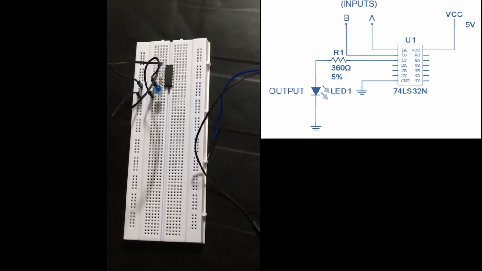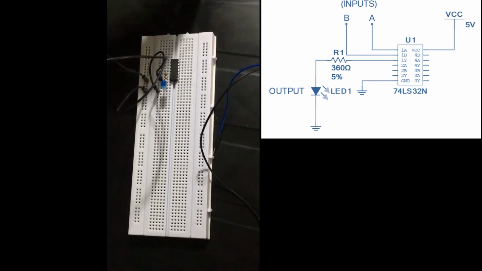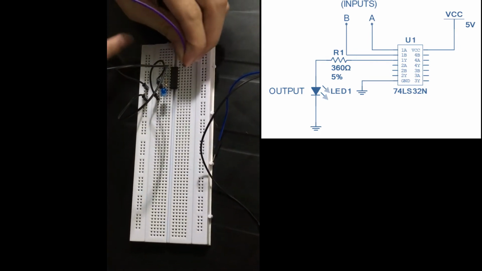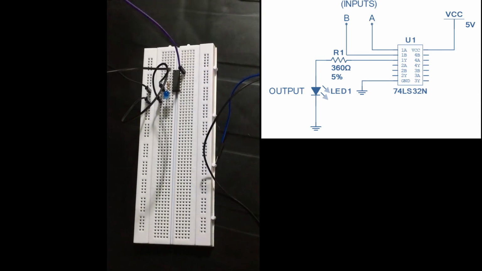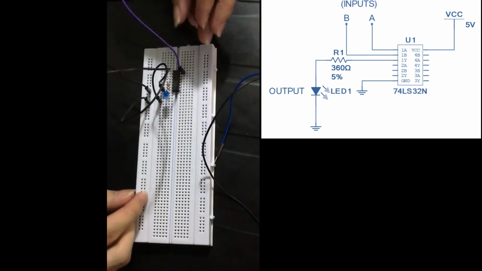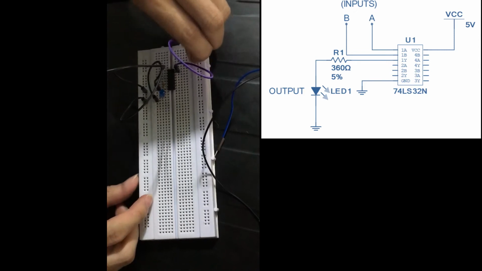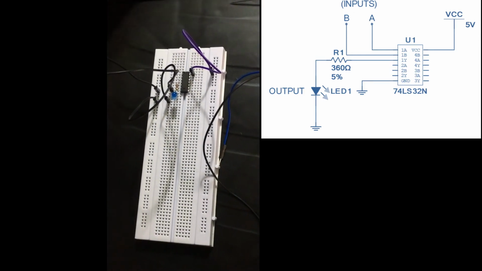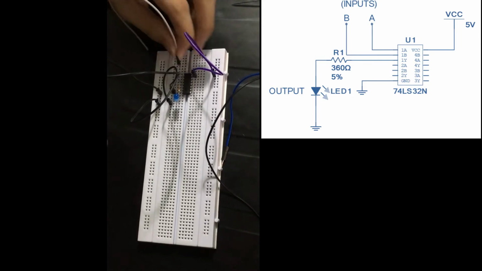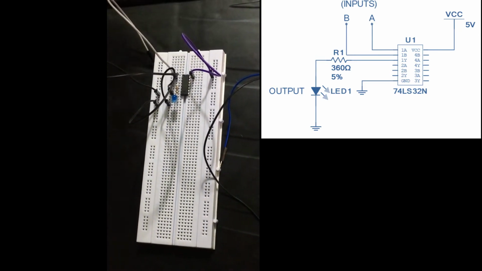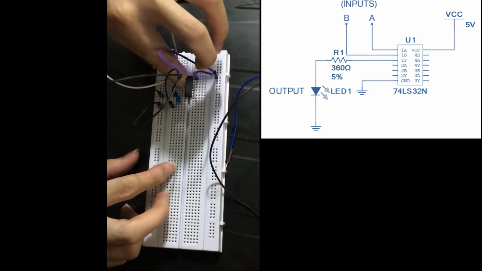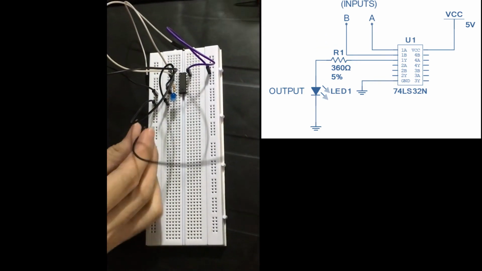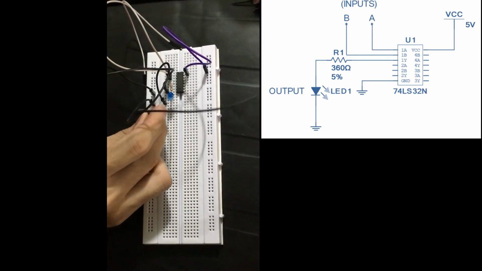The VCC is connected to the power supply and the inputs to the first and second pins of the IC. Then, the negative of the power supply to the ground.